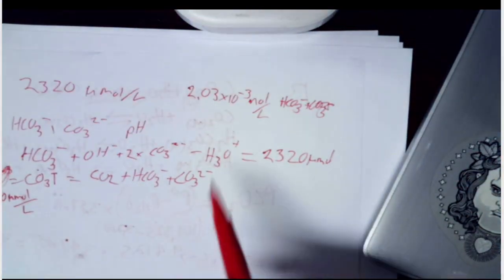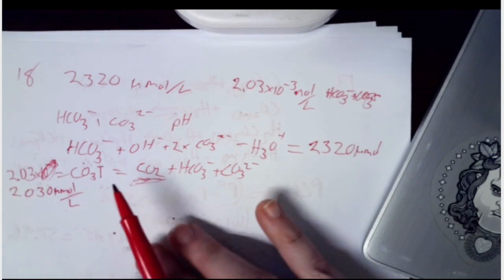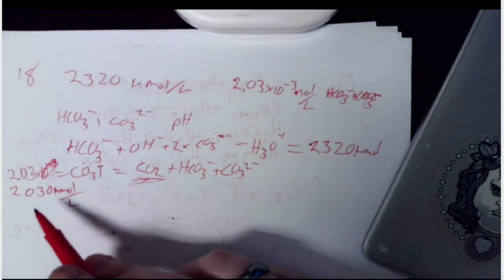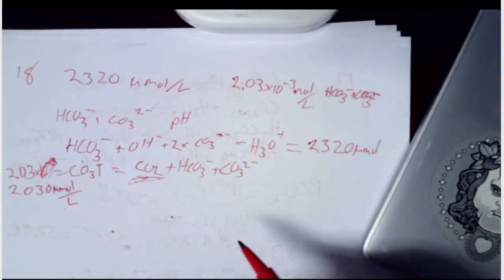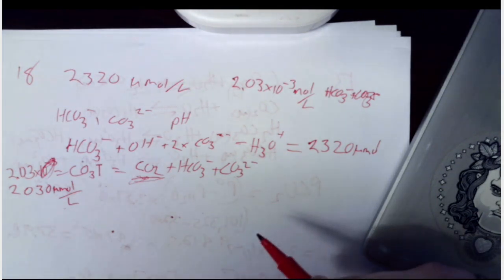So really, the hydroxide is providing a little bit, but not too much. However, the CO2 is also contributing to our total carbonate, so it could be producing more. So with that in mind, we're going to follow some of the same steps.